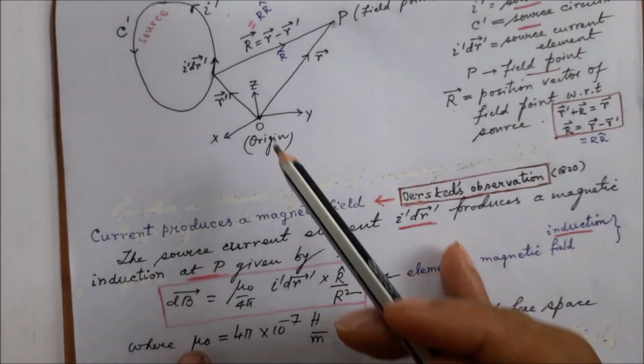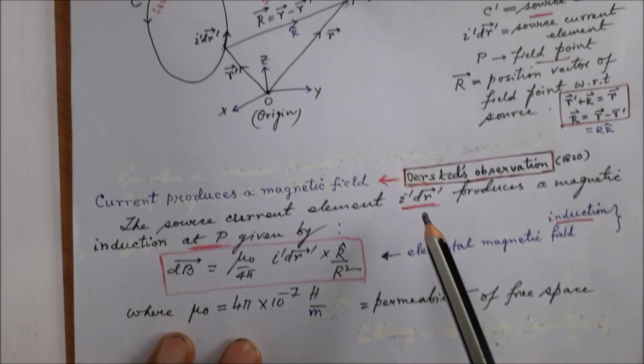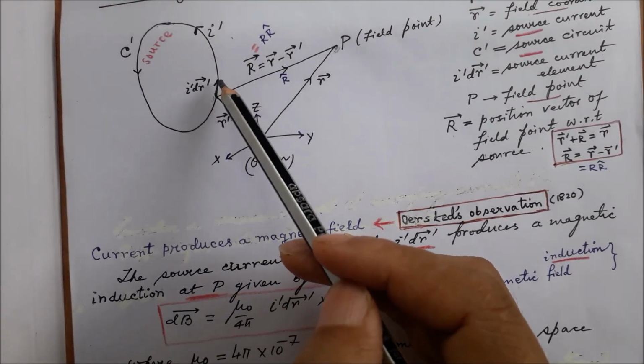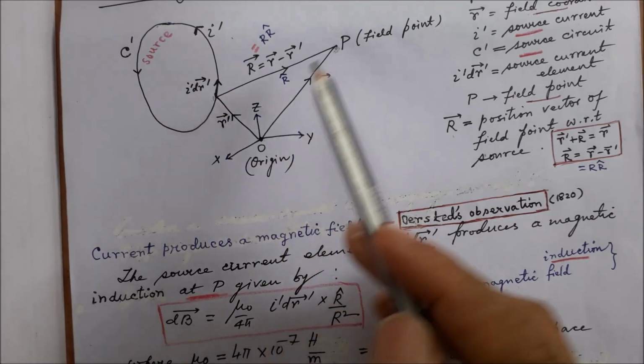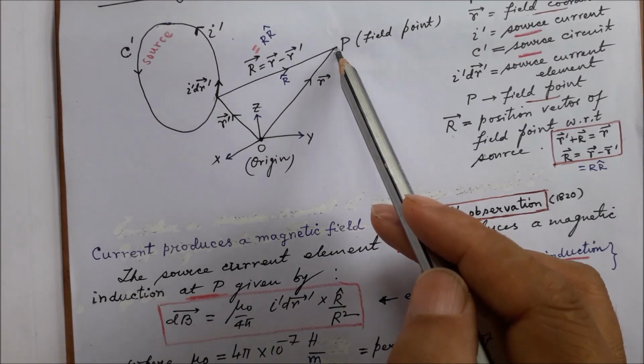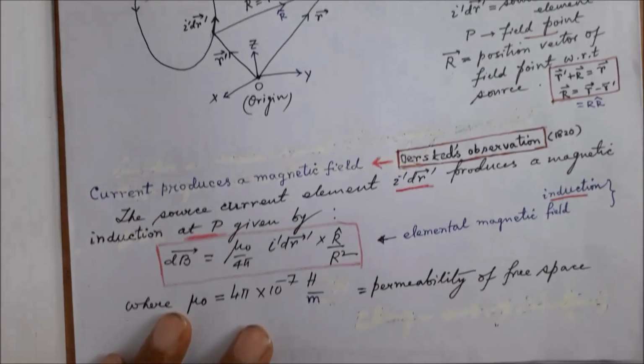So let us now come to Savart's law. I prime dr prime is an elemental current element, and therefore the magnetic induction that it produces at field point P will also be elemental.